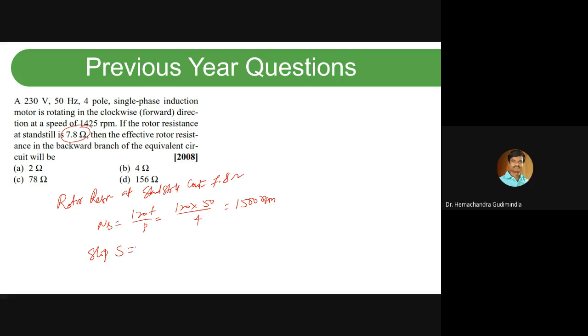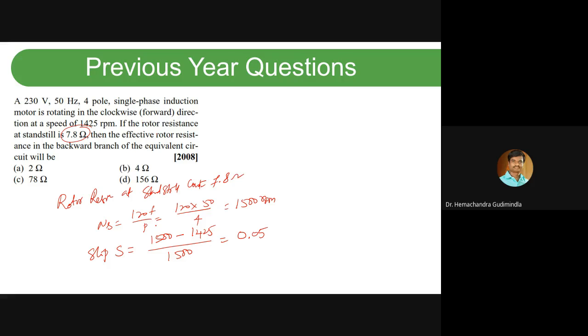Slip s is equal to 1500 minus 1425 divided by 1500. 1500 minus 1425, that is 75, divided by 1500. So we will get 0.05. Slip is 0.05.